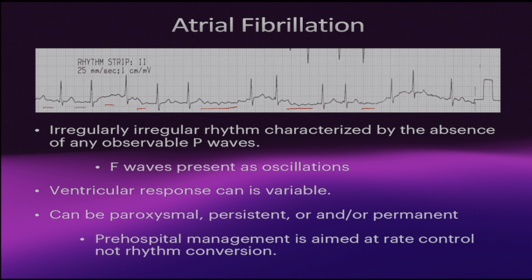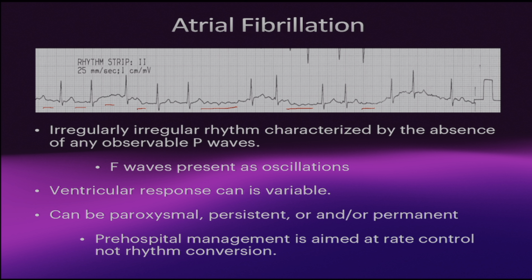Persistent atrial fibrillation would be one of the chronic forms of AFib, where the rhythm can still be converted to a sinus rhythm with medication or cardioversion in the field. And then we have permanent atrial fibrillation, which is the patient in its chronic stable form, where the patient always has AFib. It's just controlled via rate.